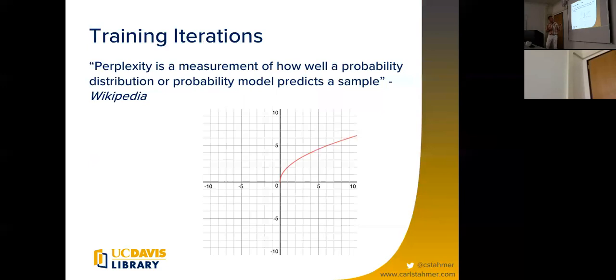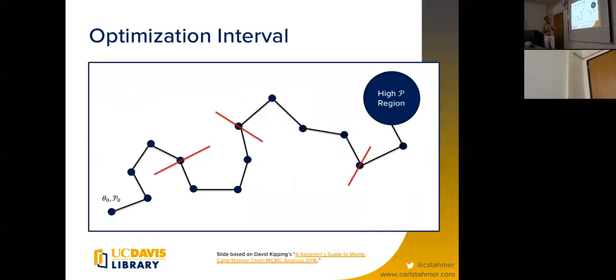The other number that's relative to that is the optimization interval. Mallet, one of the packages, I have a slide about this at the end, but some packages let you do this, some don't. You can set an optimization interval, like this, where every 5 iterations it goes in and optimizes, right?